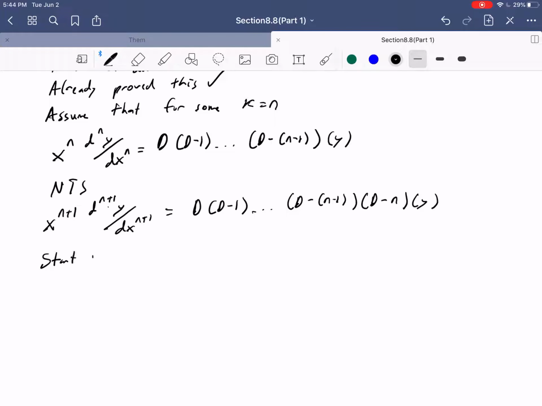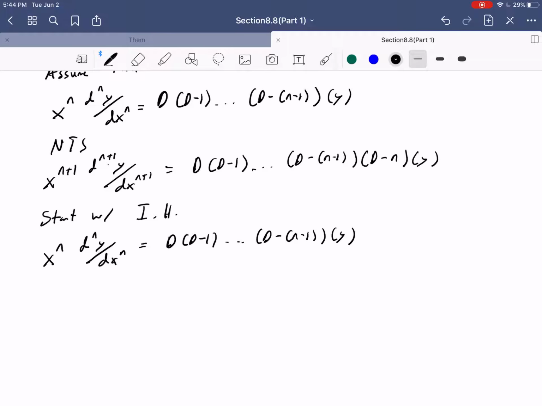We're going to start with the assumption that x to the n, d^n y/dx^n, is (d minus 1) through (d minus n plus 1) of y. Okay, what I'm going to do then is differentiate both sides with respect to x.